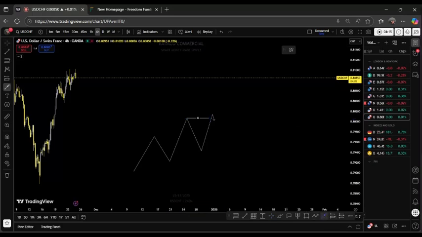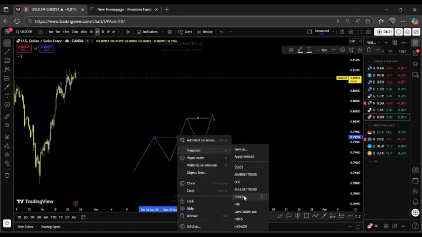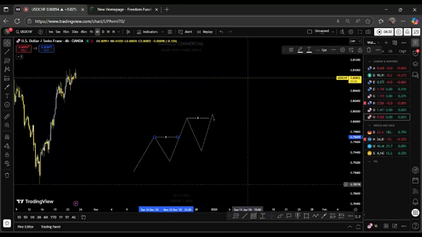So we have swept liquidity from the upside, but you can never know if liquidity has been swept, because sometimes you might think it has been swept, but then the market returns here and goes to the upside, right?